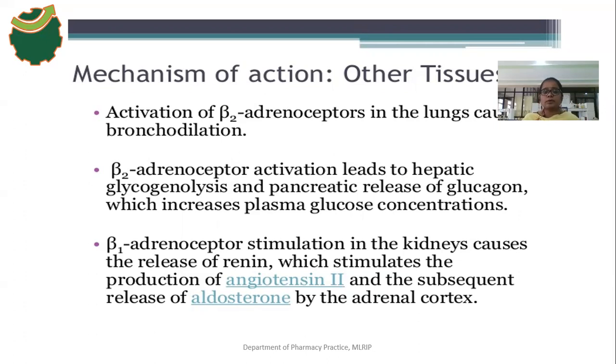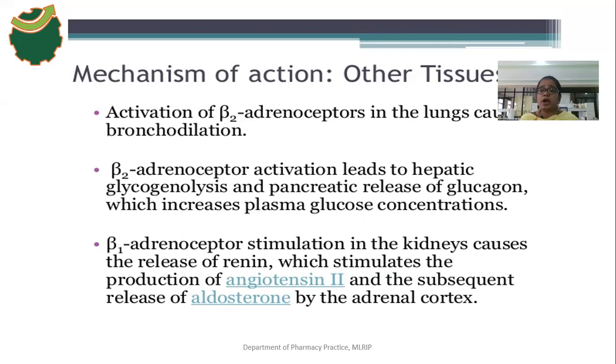If the angiotensin 2 levels increase, angiotensin 2 stimulates the release of aldosterone. From which gland? That is the adrenal cortex. When the aldosterone levels increase, what effect is produced?